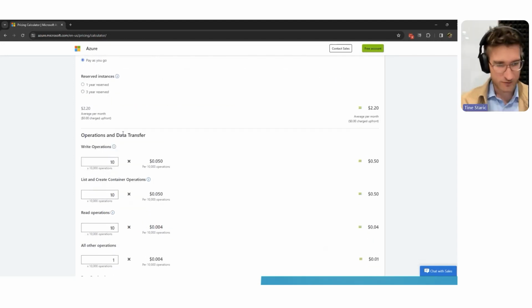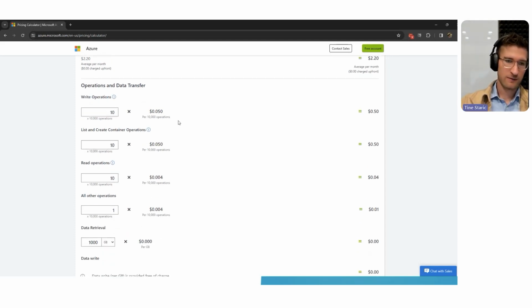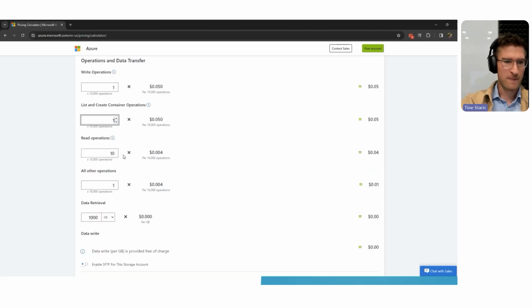And now write operations. We talked about, you can see the formulas on the slides, but realistically, let me just show you, if I have 1,000 files per month, I'm going to way overestimate this and just say, okay, that's going to be 10,000 write operations and 10,000 list and create container operations.